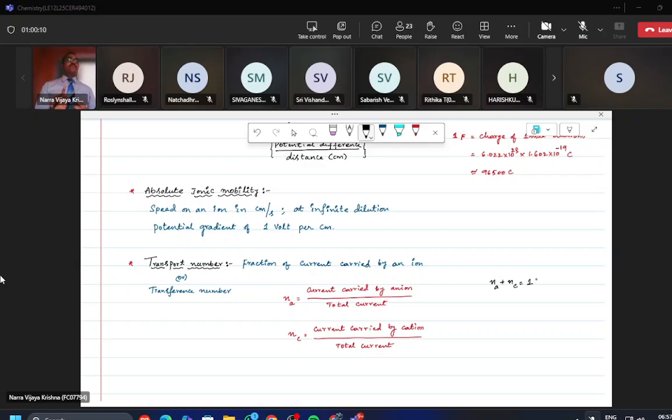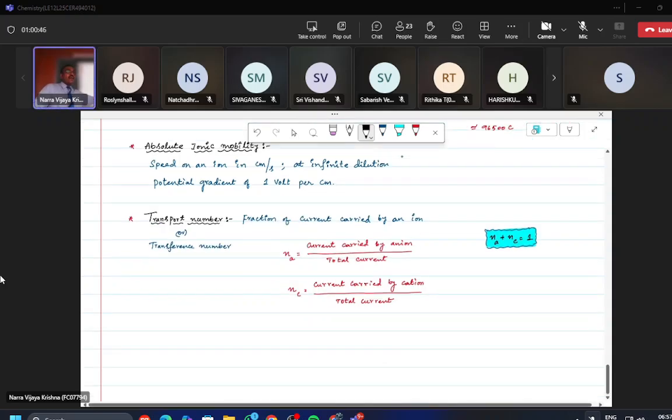So the sum of transport numbers of all ions becomes equal to 1. If I consider only 1 mole of cation and 1 mole of anion, or even just 1 cation and 1 anion, it is the same fraction.